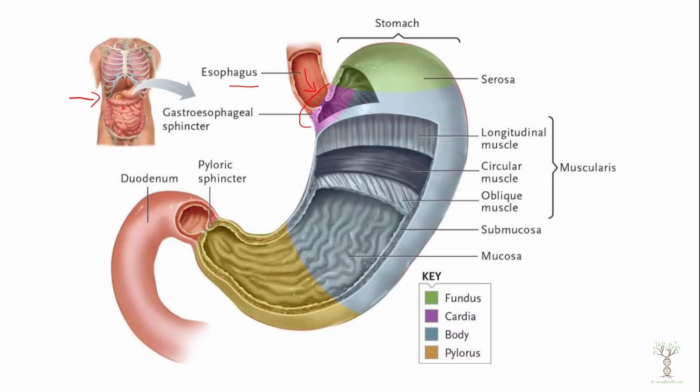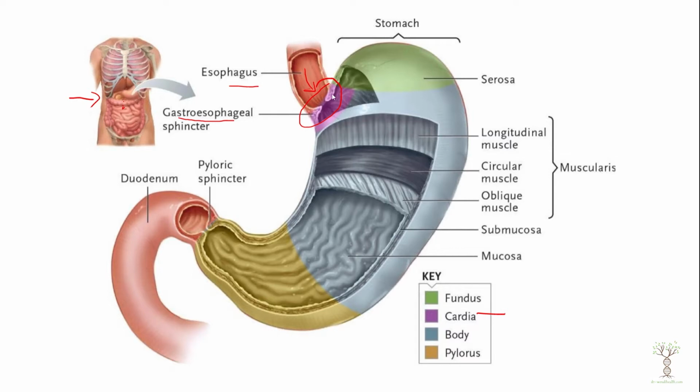Now there is a ring of muscle here called a sphincter, the gastroesophageal sphincter. Sometimes it's called the lower esophageal sphincter, and sometimes it's called the cardiac sphincter. And that is because this first part of the stomach, this upper portion here, that's purple, is called the cardia. So sometimes we say that's the cardiac sphincter.